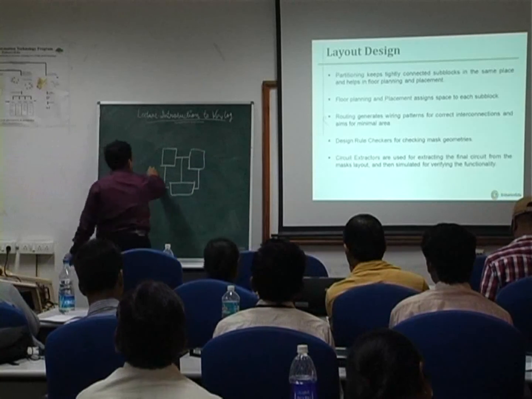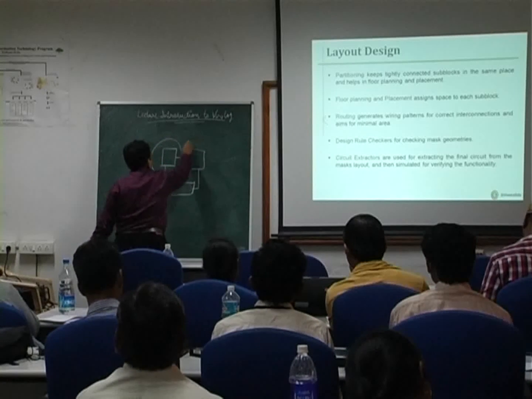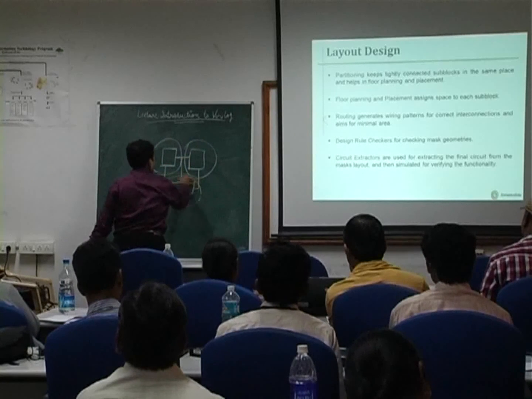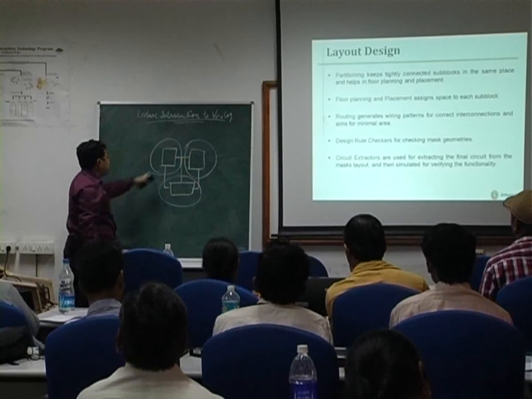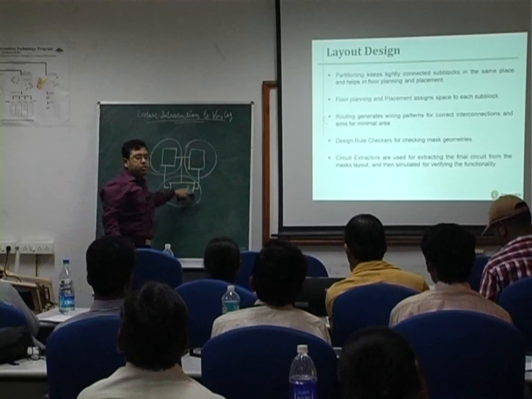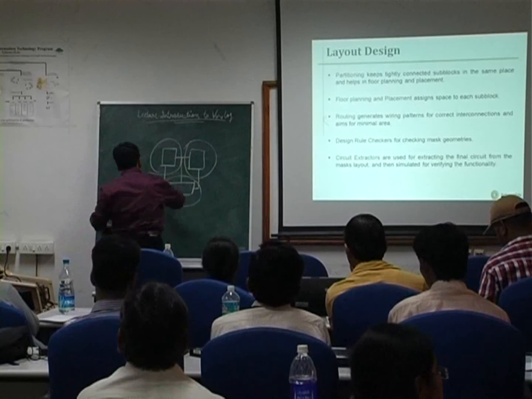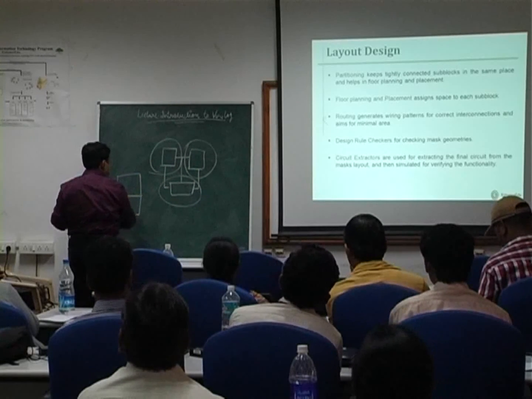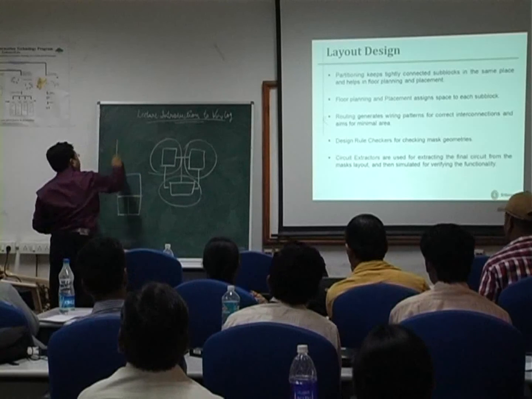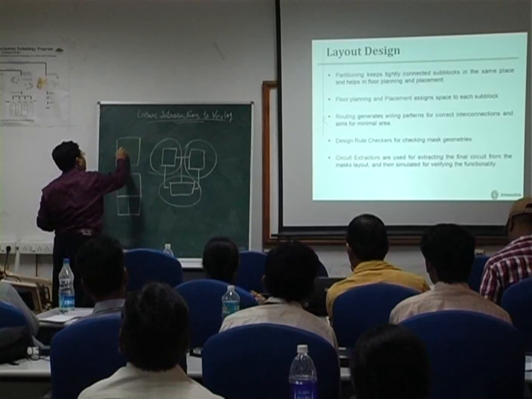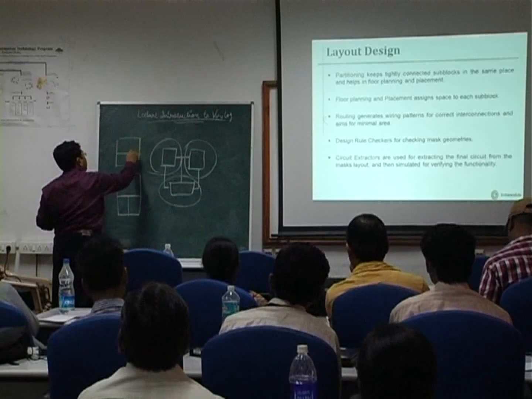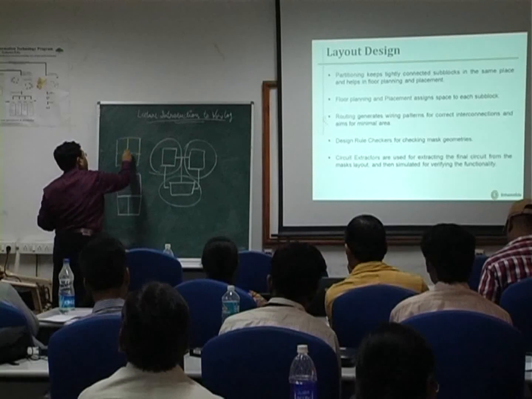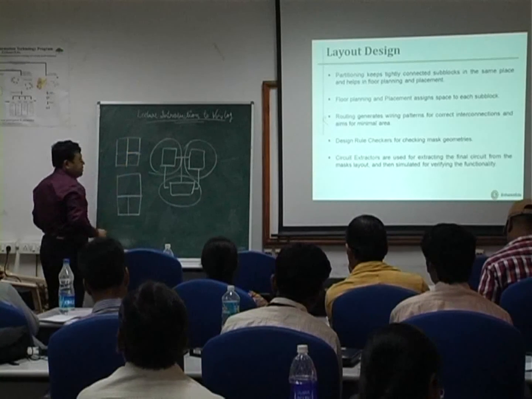So you first partition it into individual modules. Now you find out the location of these individual components on the chip. So whether you can go for this type of design or whether you will go for this type of design, or so on.